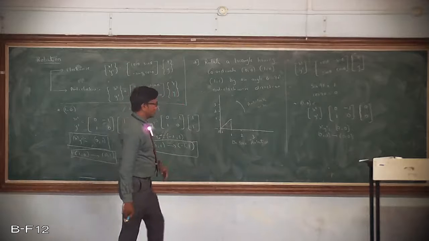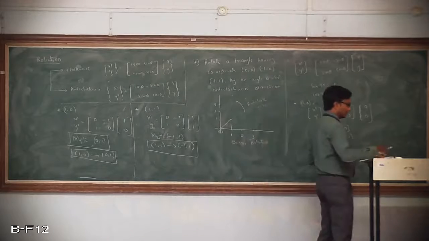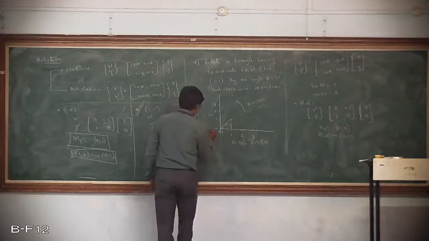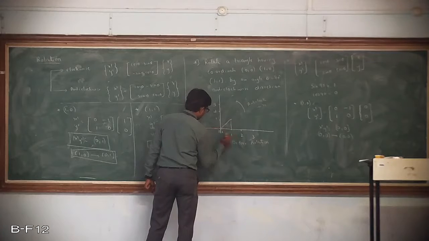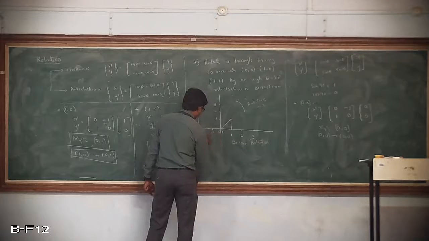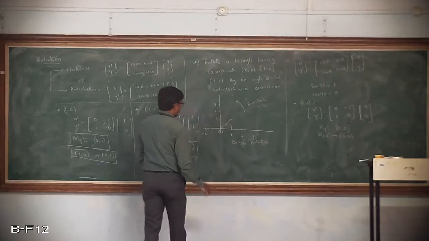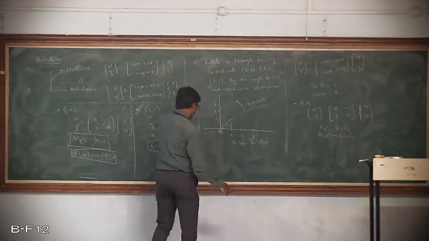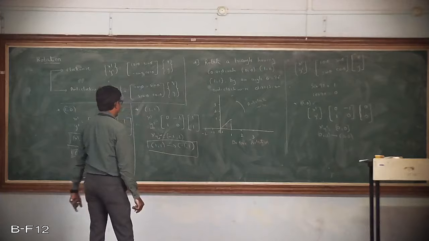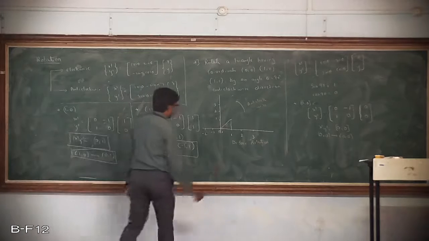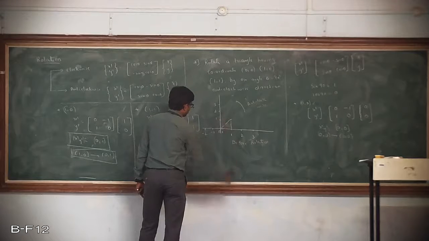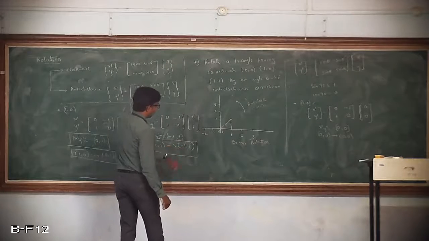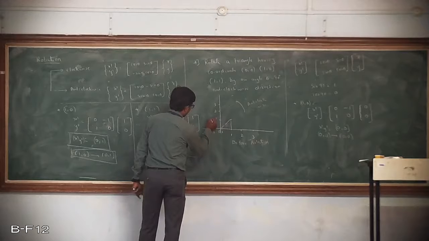If I try to plot it here in this particular case, the same tabulation I'll do. Just extend this line, so this will be minus 1 and this will be minus 2. The first point remains as it is, 0 comma 0. The second point will be 0 comma 1, it will come here. The third will come as minus 1 1, so minus 1 is here and 1 is here.